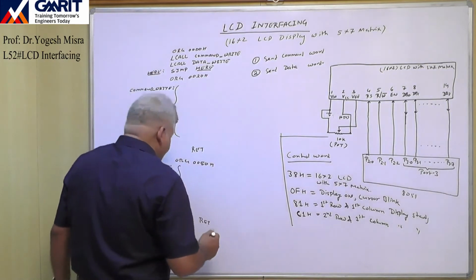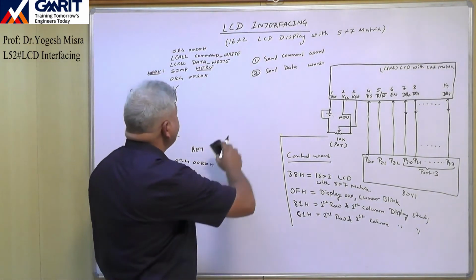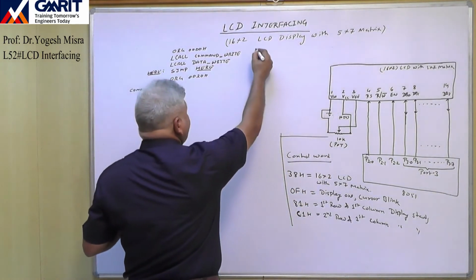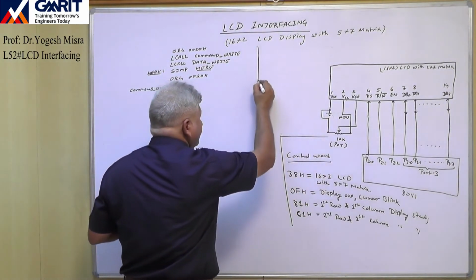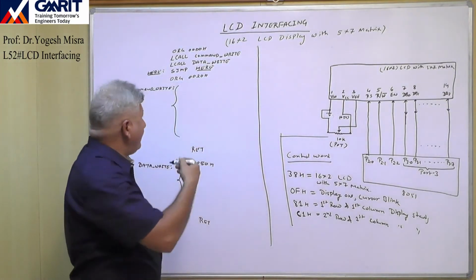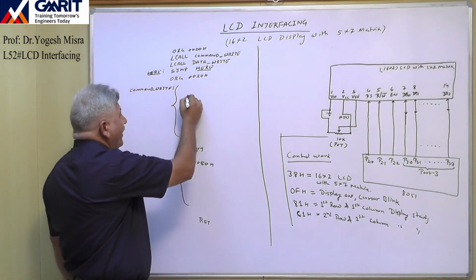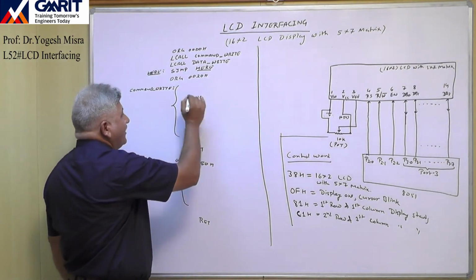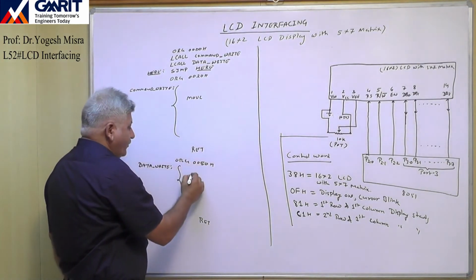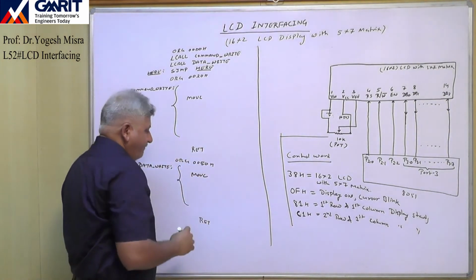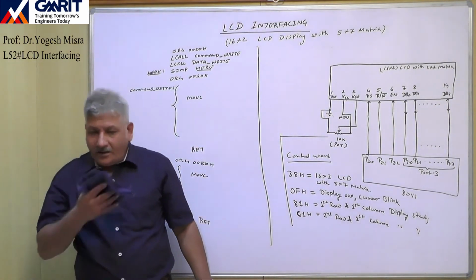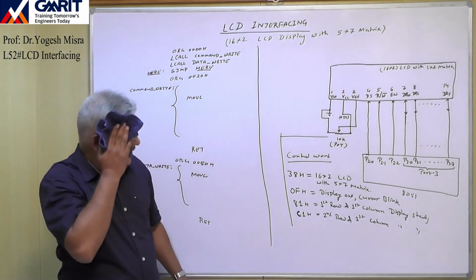Now here what we will do, in these subroutines, I am going to use the instruction MOVC, and for writing the data also I will use the instruction MOVC. The MOVC instruction means something is in code memory.